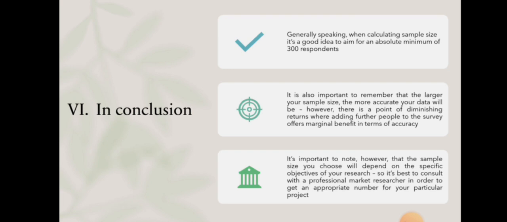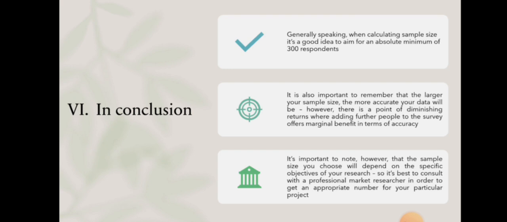There is a point of diminishing returns where adding further participants to the survey offers marginal benefit in terms of accuracy. The sample size we choose will depend on the specific objective of the research. It may be medical, social or engineering research. It depends on the specific characteristics of the type of research.